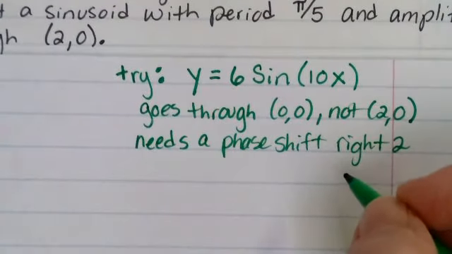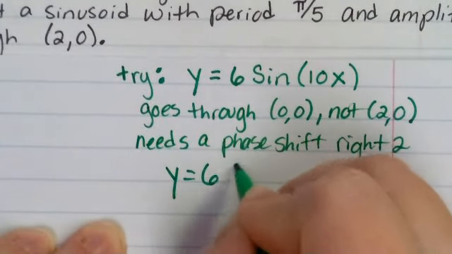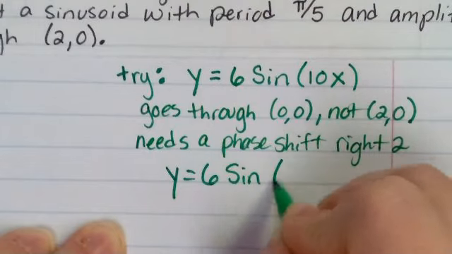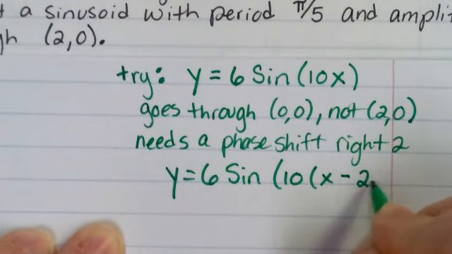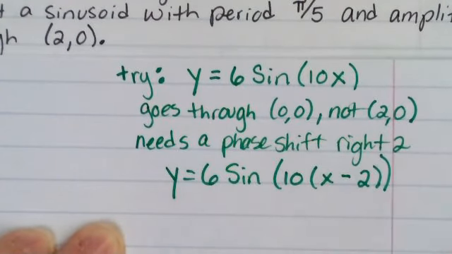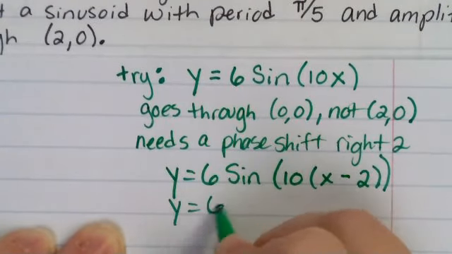All right, so we're going to try to see what this is going to look like. Let's try a phase shift. The only thing we need to change in here, we're going to have this 10. But what we're going to do with this x is to move it to the right 2, we need to subtract 2 just from the x value. We can distribute the 10 through to simplify the equation.